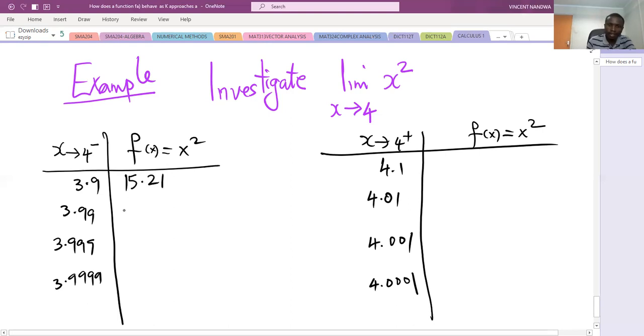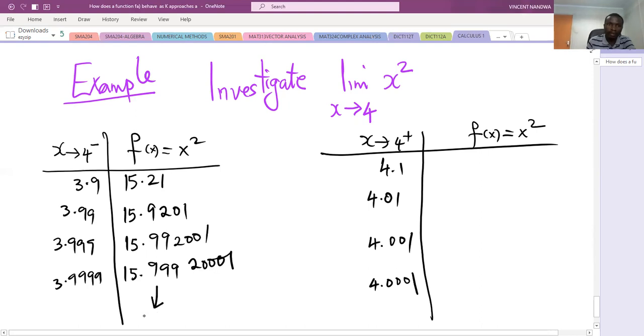When you put in the function 3.9, you get 15.21. This gives you 15.9201. This gives you 15.992001. This gives you 15.9992001. You see this value is roughly approaching 16. And then this other will give you 16.81, 16.0801.